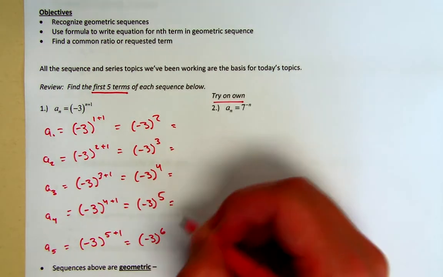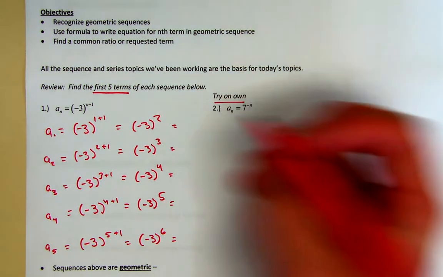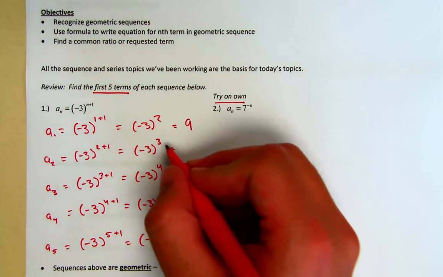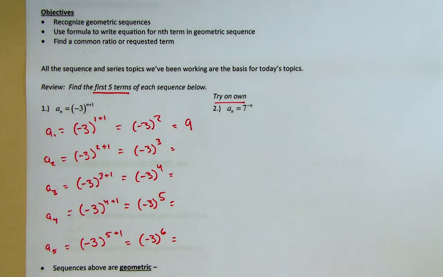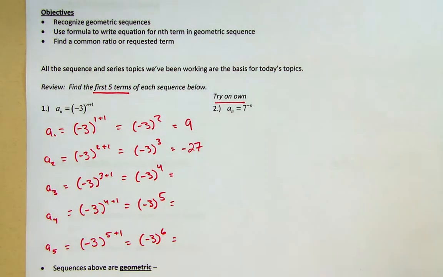Now, either you know how to do these in your head, or you have to use a calculator. Majority of you probably should use the calculator. Negative 3 squared, negative times a negative gives me a positive 9. Negative 3 cubed, a negative times a negative times a negative will still be negative. It's going to be negative 27. Negative 3 to the 4th, well, that's going to end up being positive.